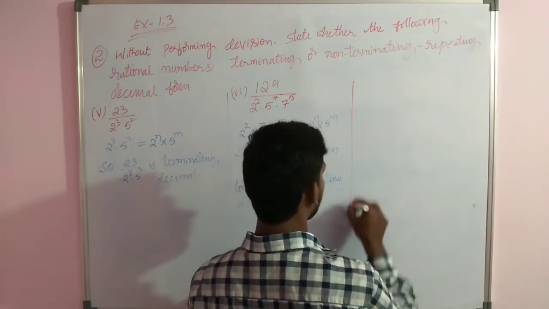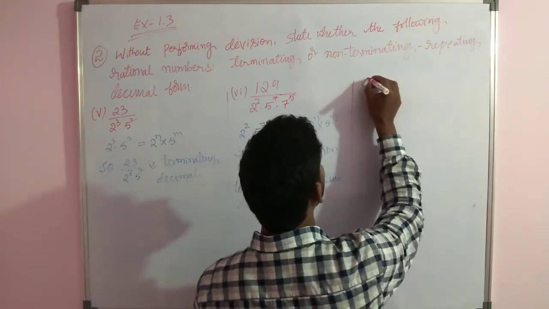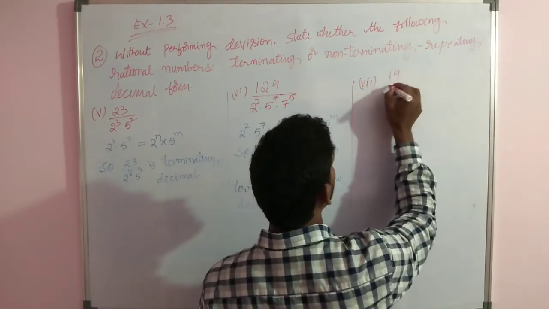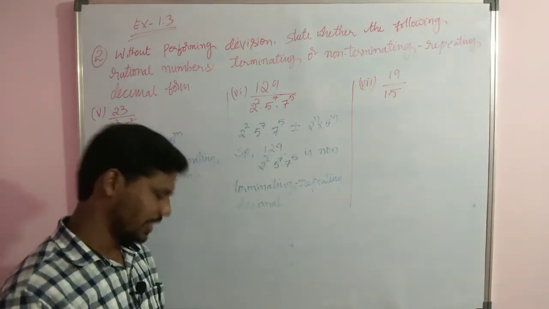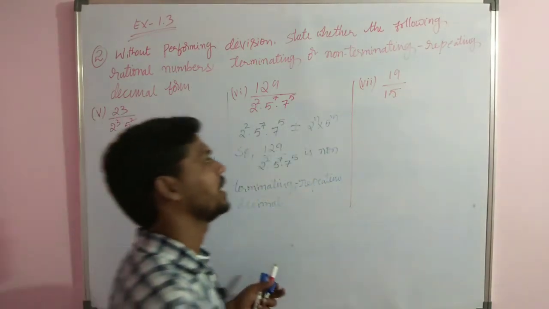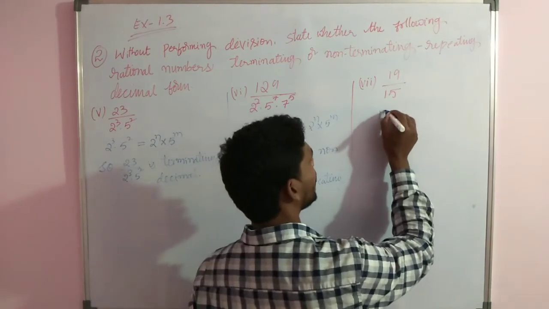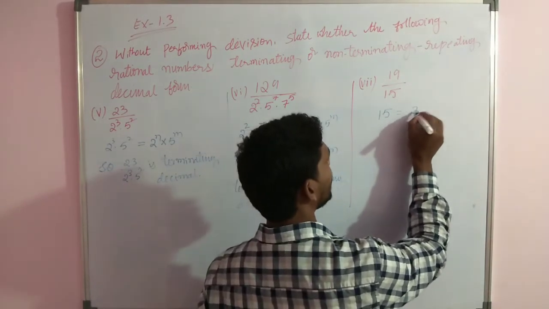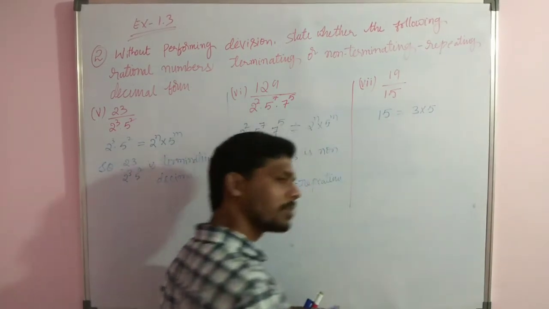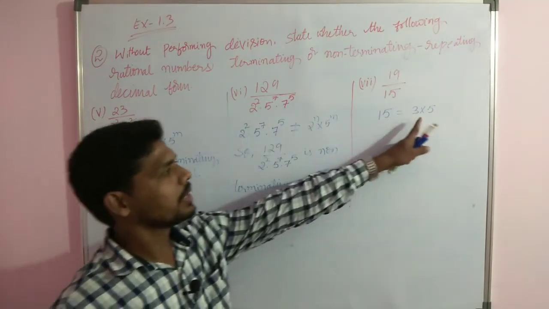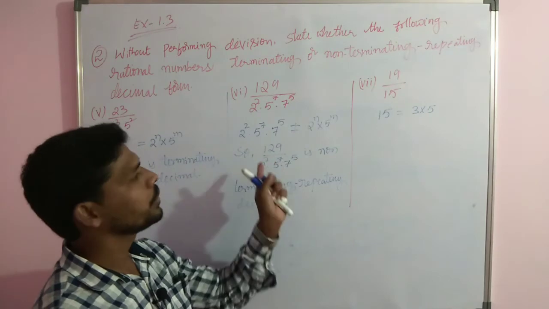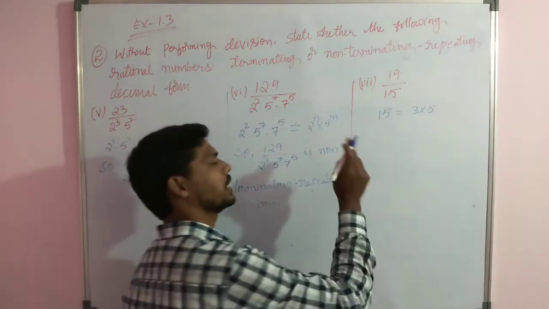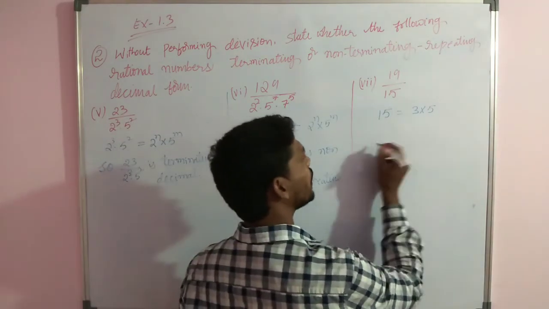Next one, the seventh one, 19 by 15. Here 15 is the denominator. 15 can be written as 3 into 5. Here the involvement of 3 is also there. We require only 2 powers and 5 powers, but here 3 is also included.